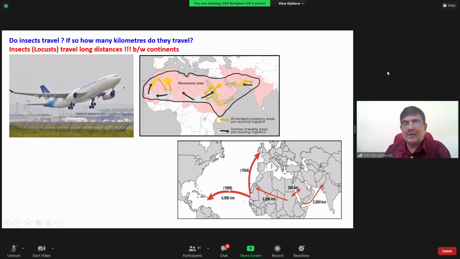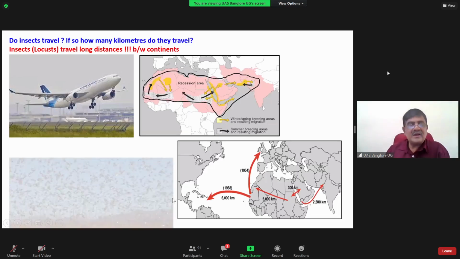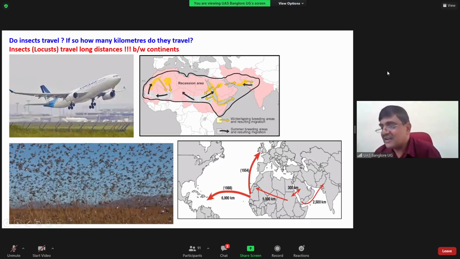So how exactly will the scene of migration look? Here the insects, these are not birds, these are locusts that are traveling from one place to another.